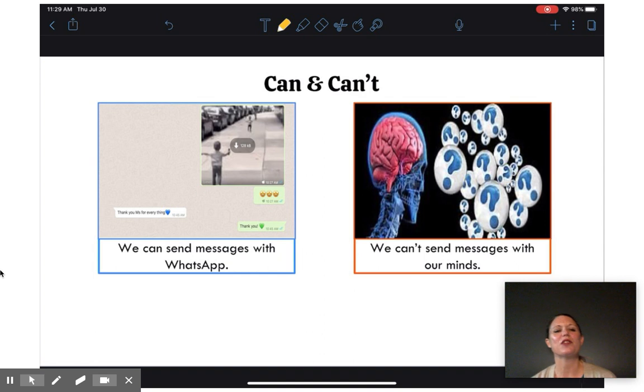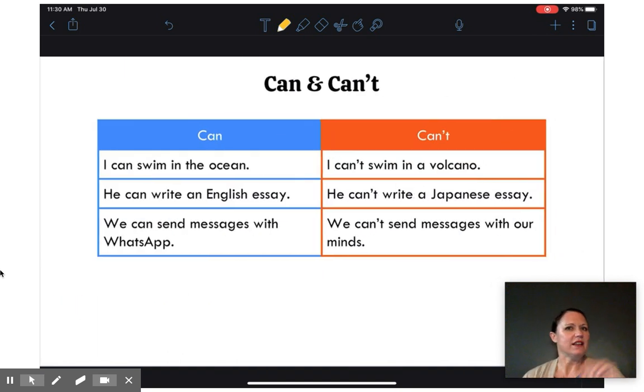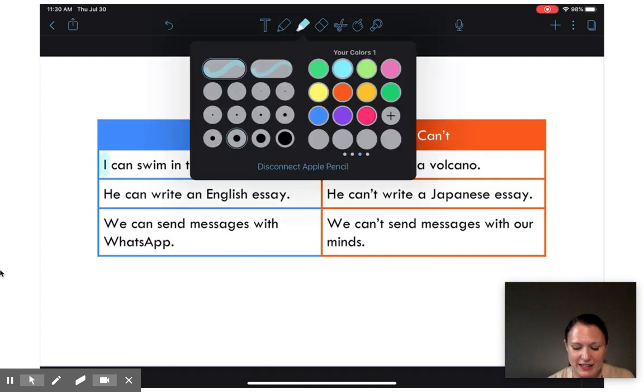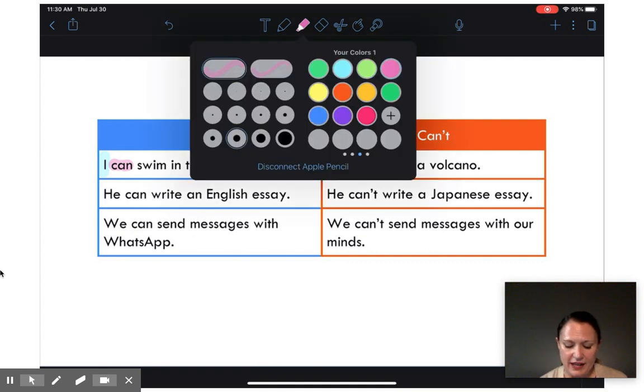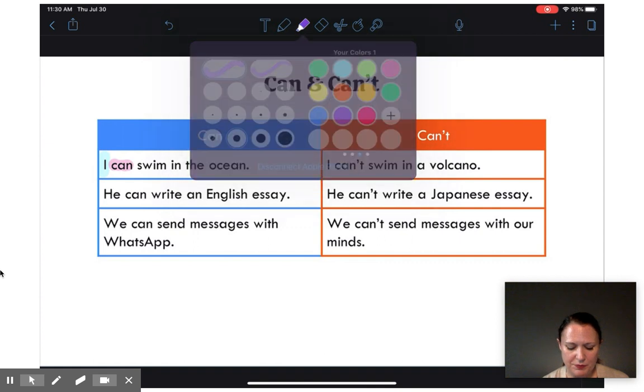So we see here that we're talking about ability, things that we have the ability to do or not do. Easy, right? So then let's look at the form. Here's my subject, can, there's my can or can't we've been talking about, and let's do it purple.